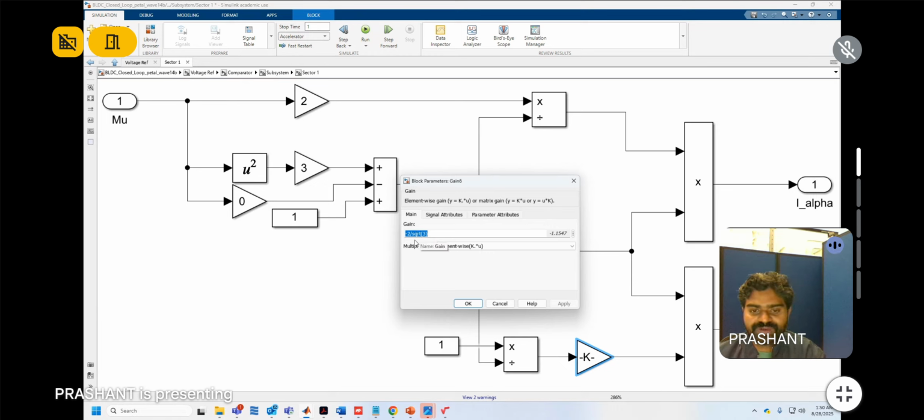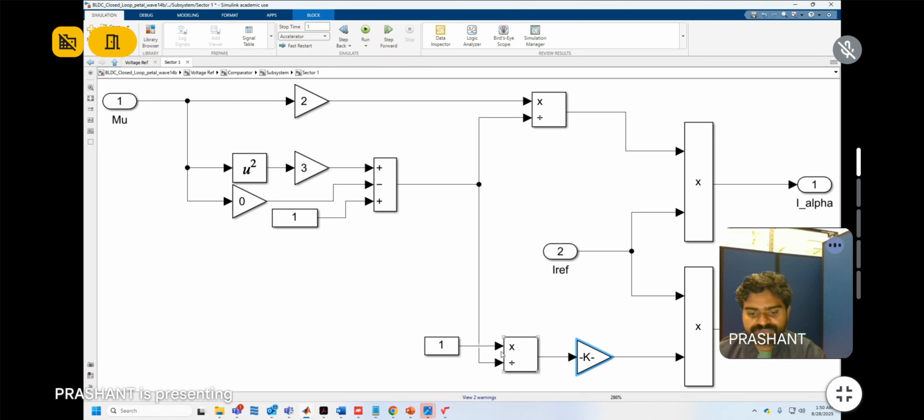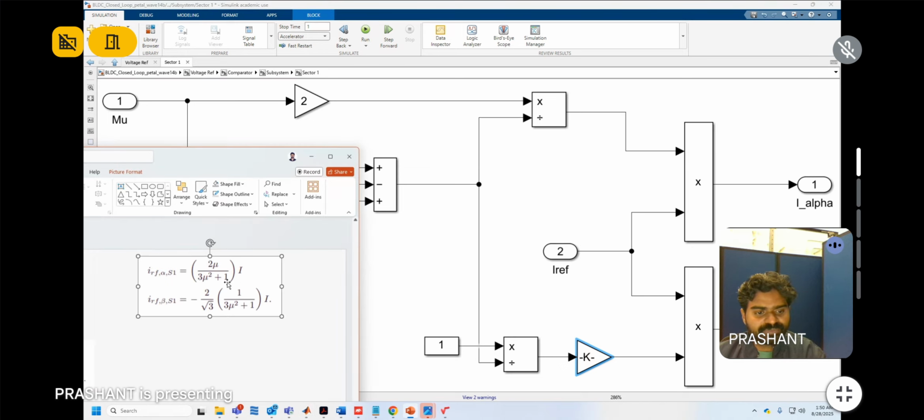Here we will write what we want. So in MATLAB we will write square root 3 like this, minus 2 by square root 3. So this numerator part is completed, into I. Now we have to multiply with I for I beta sector 1.